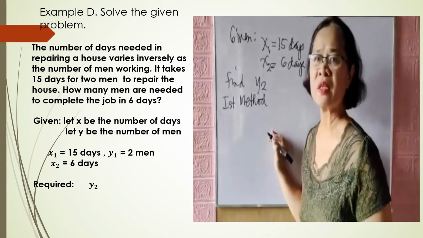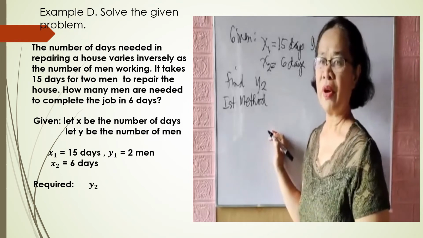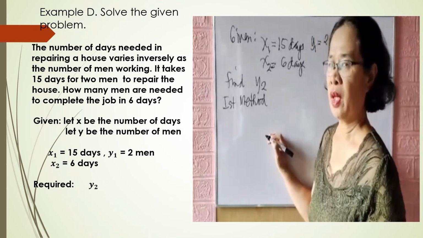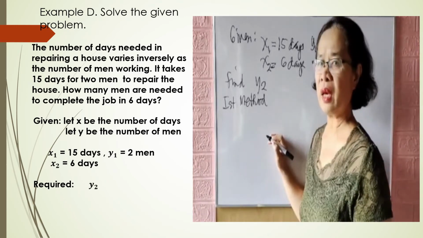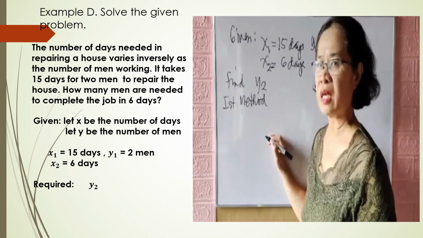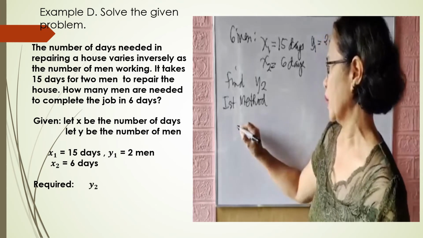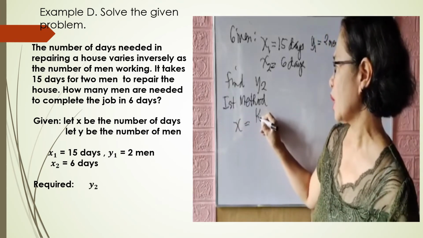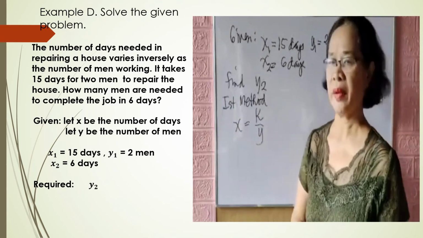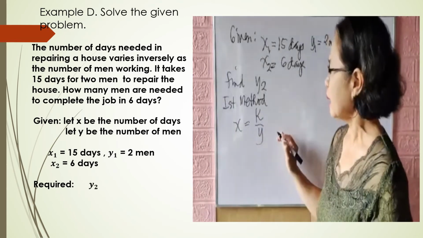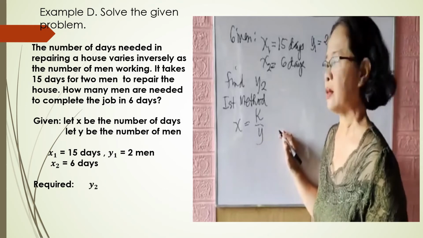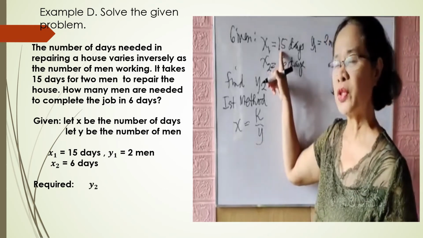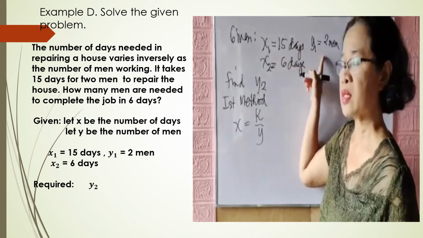Let us first translate the variation statement into a mathematical equation. The number of days needed varies inversely as the number of men working. So we have x is equal to k over y. Then let us solve for the constant. Using this equation, we are going to substitute the given x sub 1 and y sub 1.